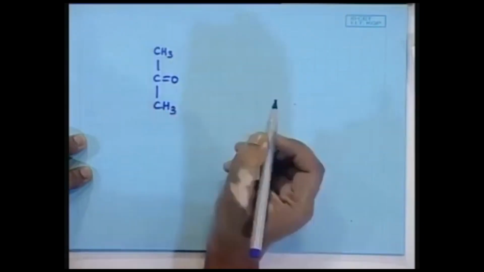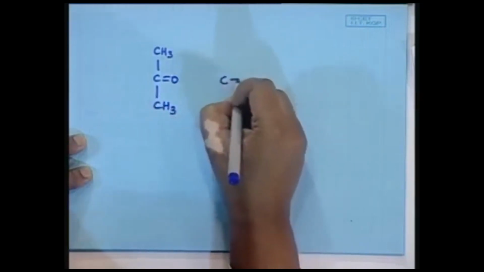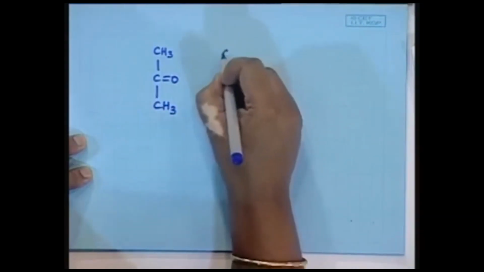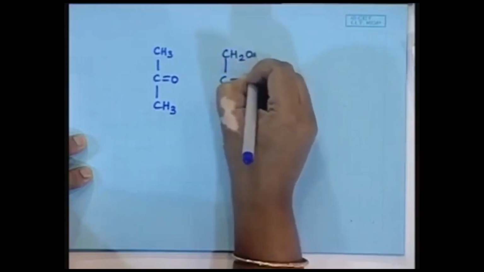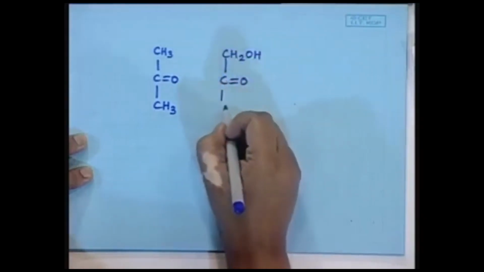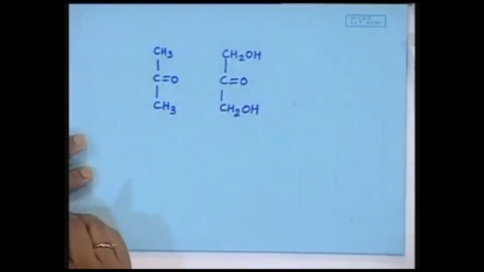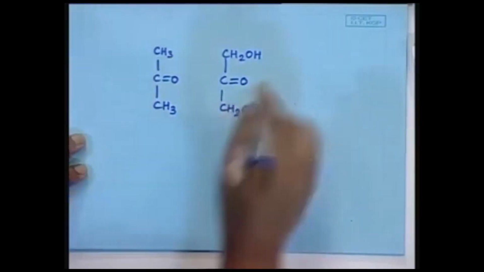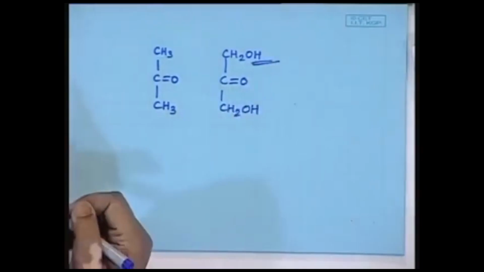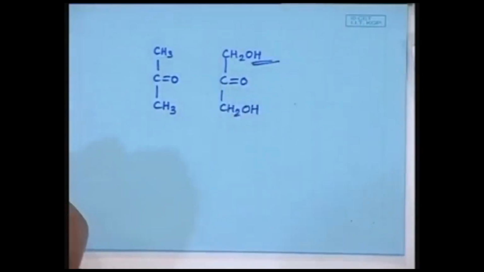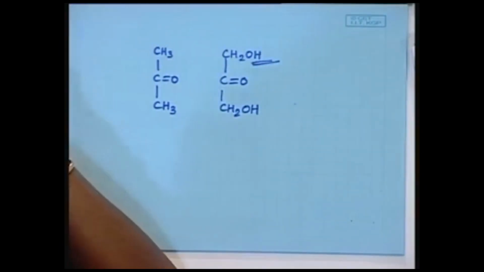Dihydroxyacetone, is that, right? Now, if we have dihydroxyacetone phosphate, we have phosphorylated one of these. Okay? So that's exactly what we have.